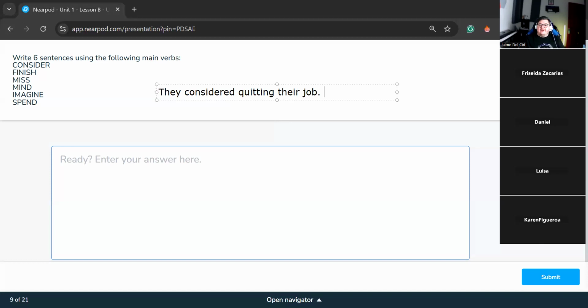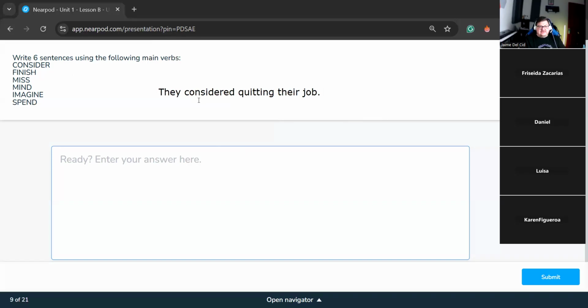Esta es una oración que yo me acabo de inventar. Me decían que tenía que utilizar la oración, el main verb considered, y yo sé que estos verbos, todos los que están acá, necesitan un siguiente verbo en ing. No puedo decir they considered to quit their jobs. They needed an ing verb after it.